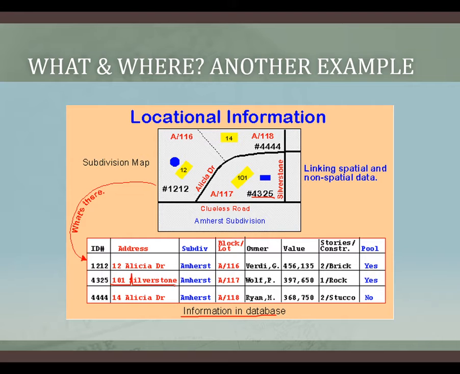So the address, which subdivision, block, who's the owner, the value. If you go to all these websites that give values of houses, it puts it in maps, and you can also put it in a table. So this is what we call here an attribute table, and we link this spatial data in a map, the location exactly, to whatever information you can add to it, and this is what we'll be doing in a GIS.